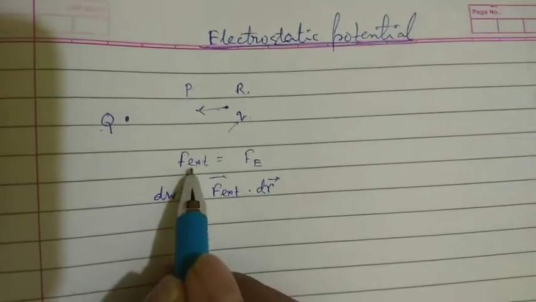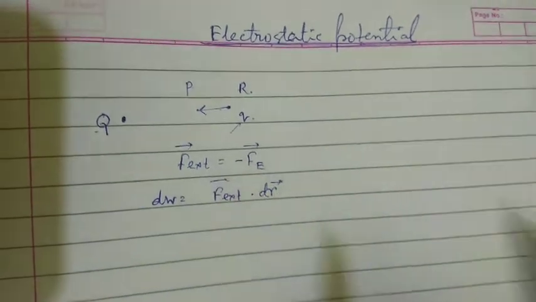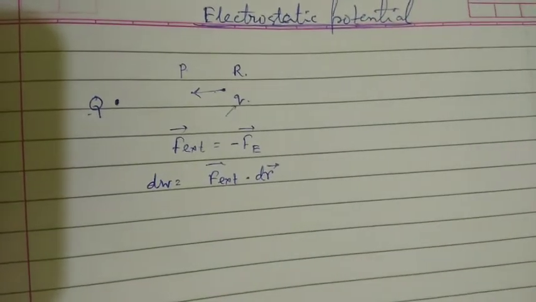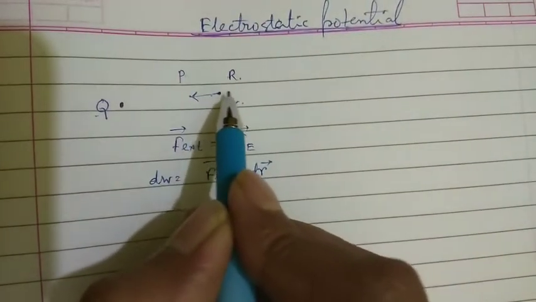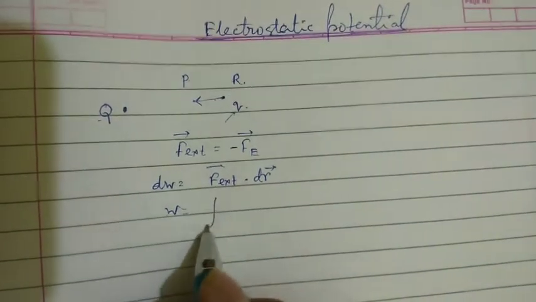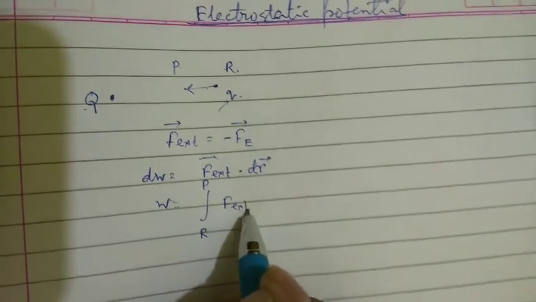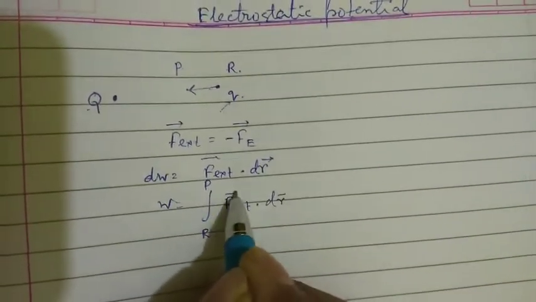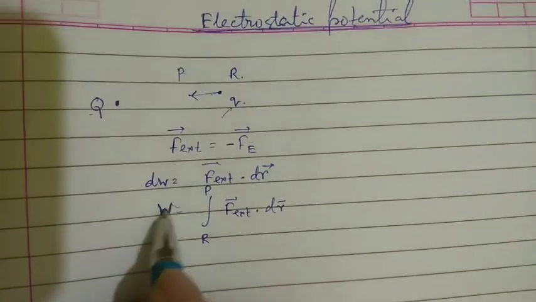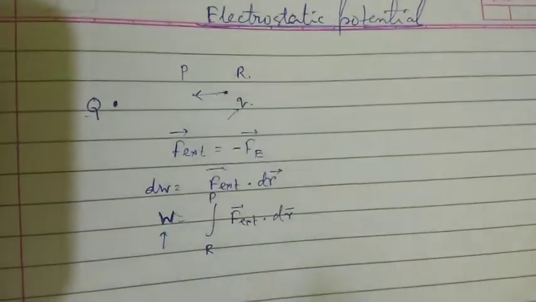Now in vector notation, obviously F external and F electric will be opposite to each other. So this will be the work done by the external force. If you want to take this charge from R to P, the total work done will be the integration from R to P of F external dot dr. Since we have done external work, the same amount of energy will be stored in this charge.